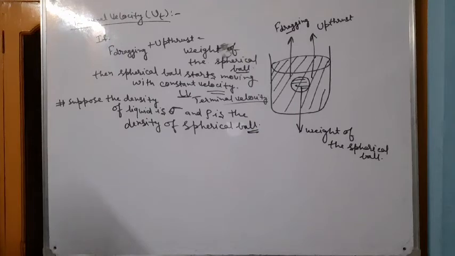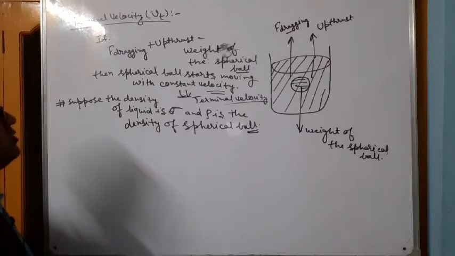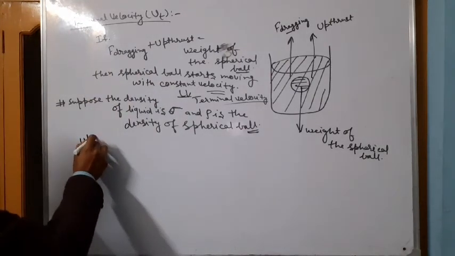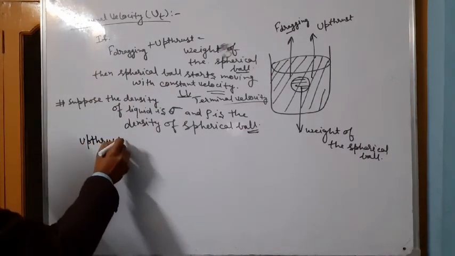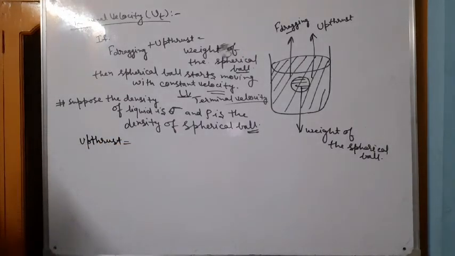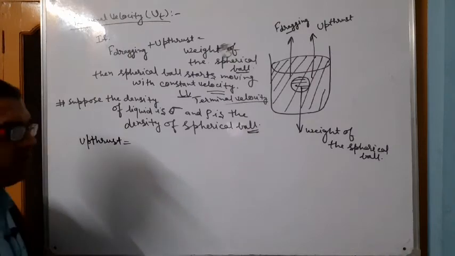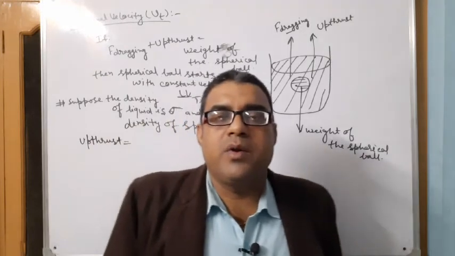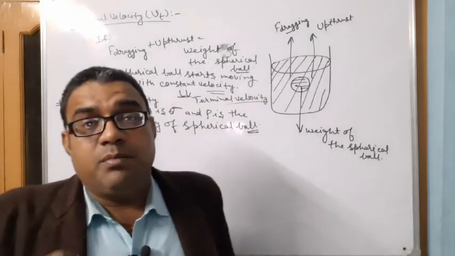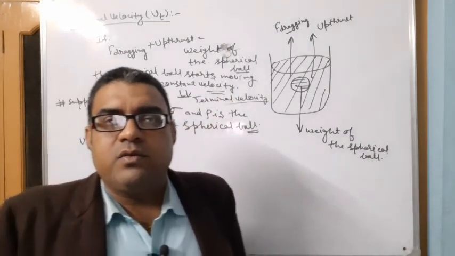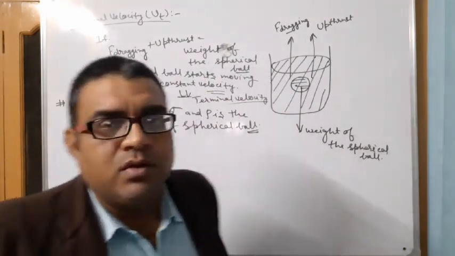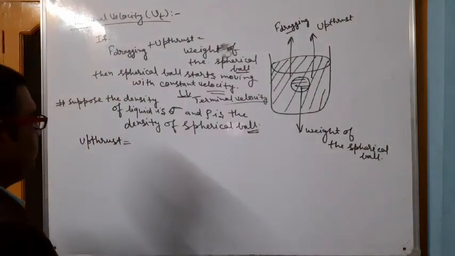So look here, first of all we are finding the upthrust. Upthrust is equal to the buoyant force, and as you know, the buoyant force acting on the spherical ball is equal to the weight of the liquid displaced by the spherical ball.